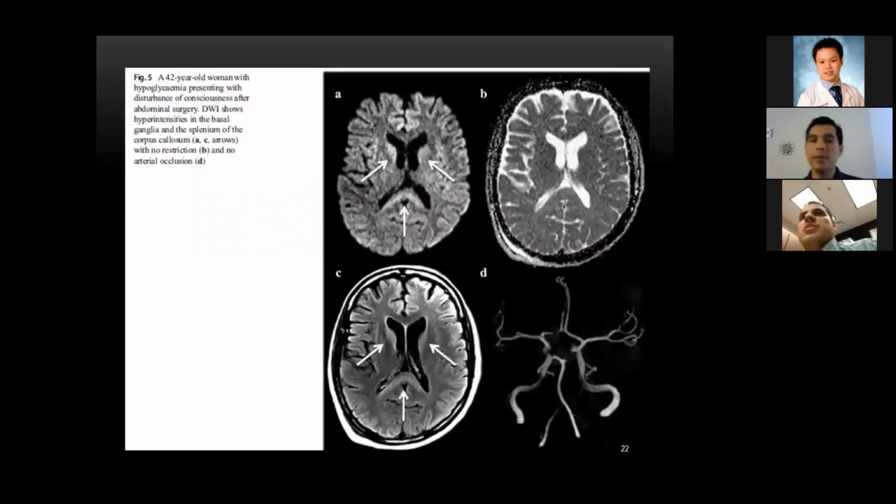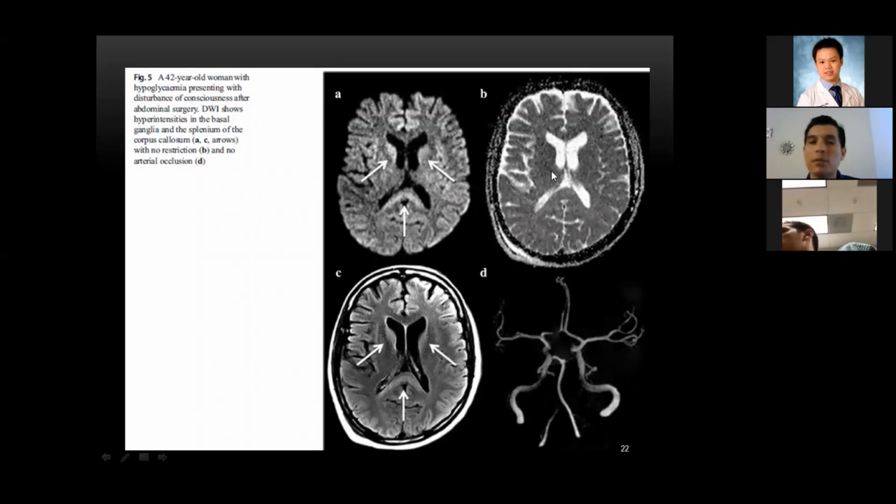This is an example, in this woman with hypoglycemia after abdominal surgery. In DWI you can see some hyperintensity in the caudate, but it's not with restriction in the ADC.